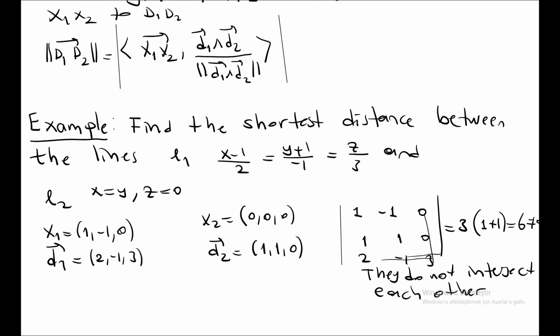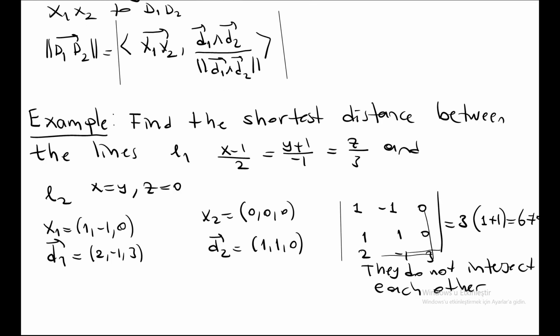Okay. So this one will be x1, x2. So you have this one, negative 1, 1, and 0.